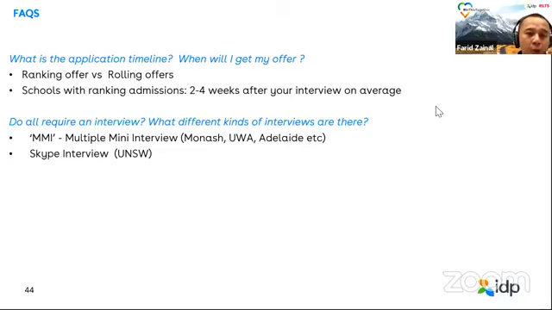Once these scores are tabulated, the UST will start to issue offers to the top ranked students, and these will move on until all places are filled.